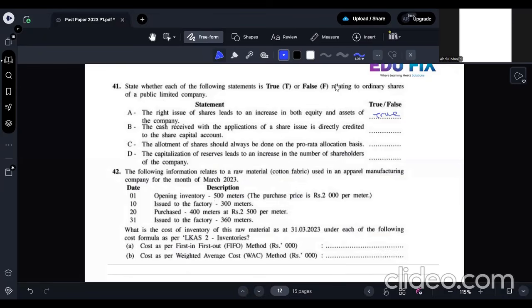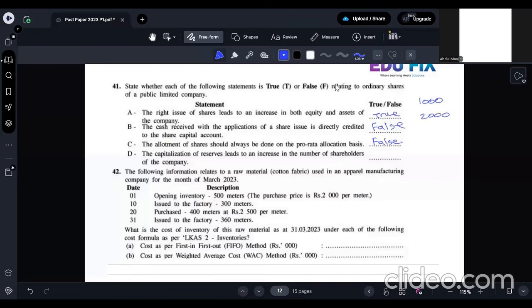That is false. The allotment of shares should always be done on the pro rata allocation basis. False. What is pro rata allocation basis? We are dividing the shares among the shareholders based on a ratio. Sometimes, let's say we issue 1,000 shares, but we have received cash for 2,000 shares.